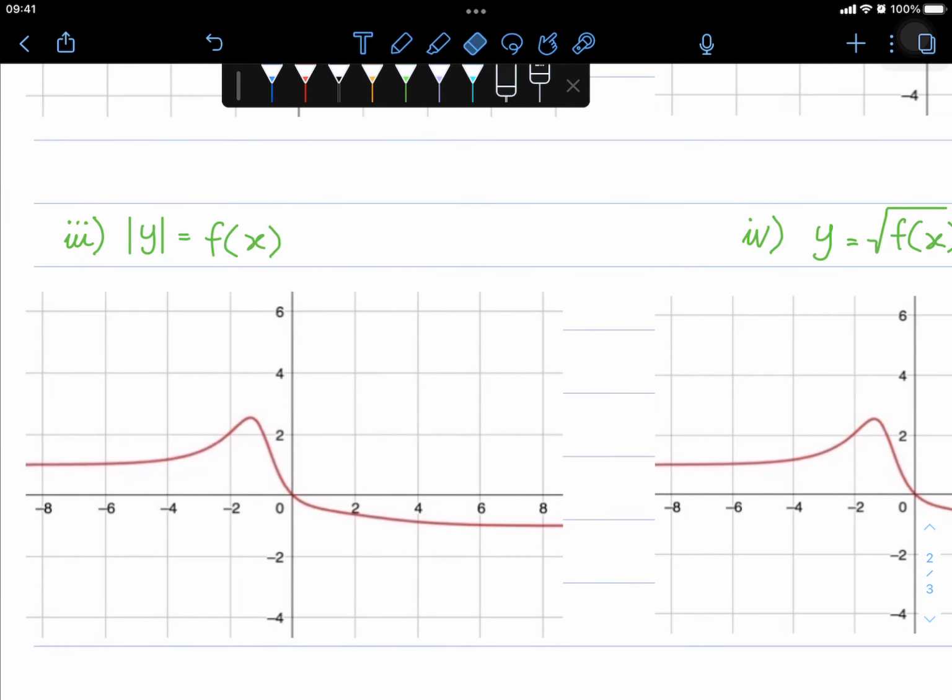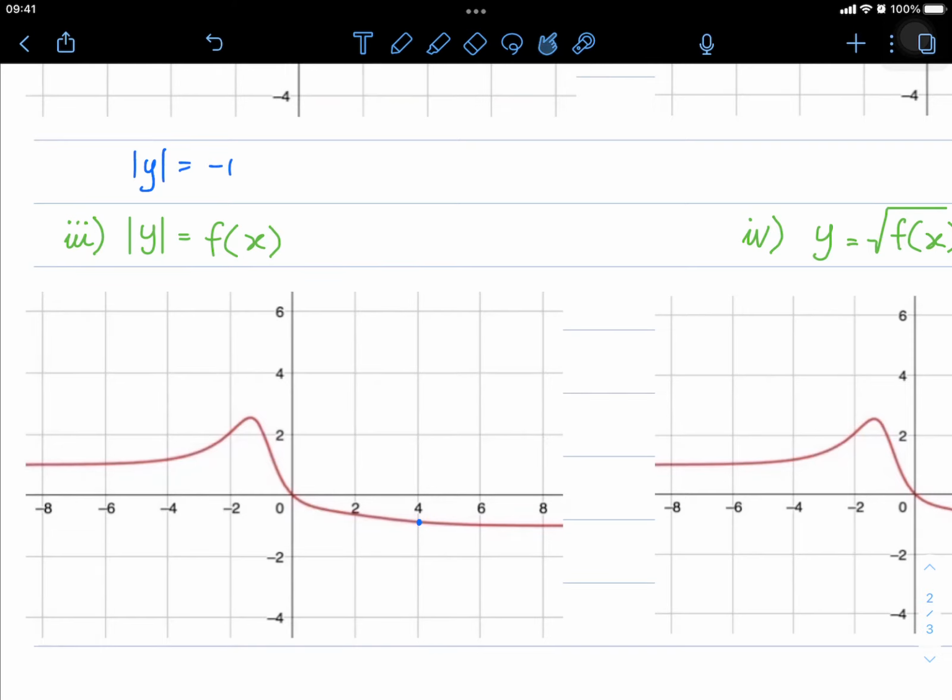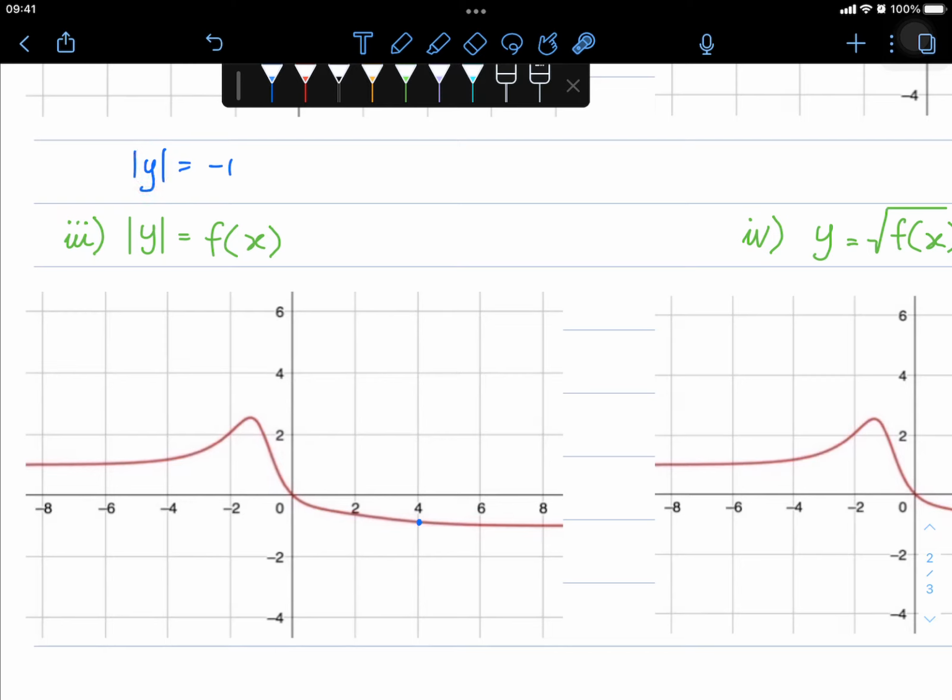Absolute value y is equal to f of x. Now remember, what we're really looking to do is solve the equation of absolute value y is equal to any f of x value. So since this is, let's say, -1, no values of y, when we take its absolute value, could possibly be equal to -1.